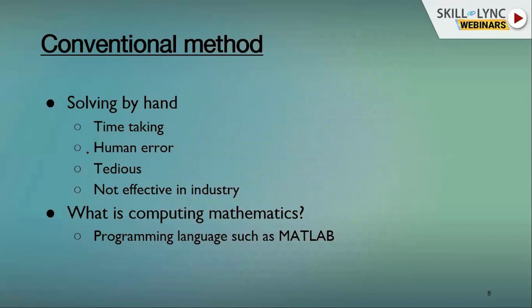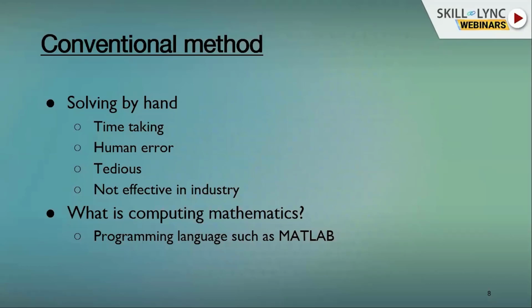So in this workshop, we are going to focus mainly on MATLAB. MATLAB's full form is Matrix Laboratory. Why are we taking MATLAB? Because it is very, very simple compared to C or C++, and easy to learn.